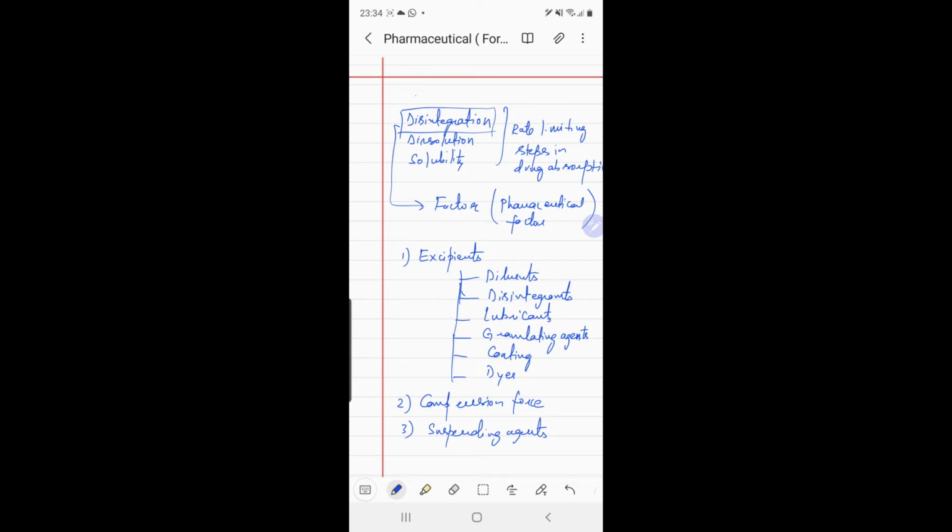In this way, there may be decreased drug release and hence there may be retarded absorption or decreased absorption rate.